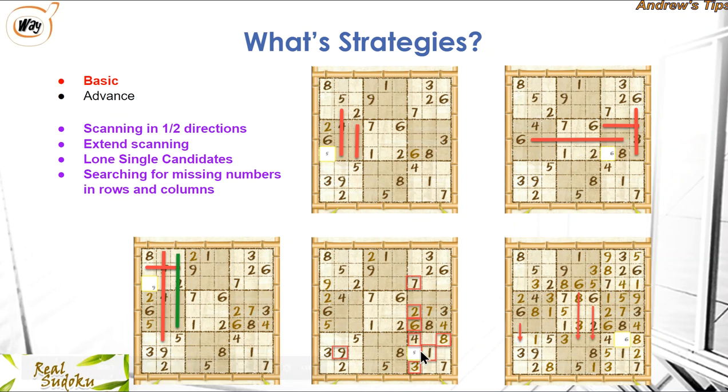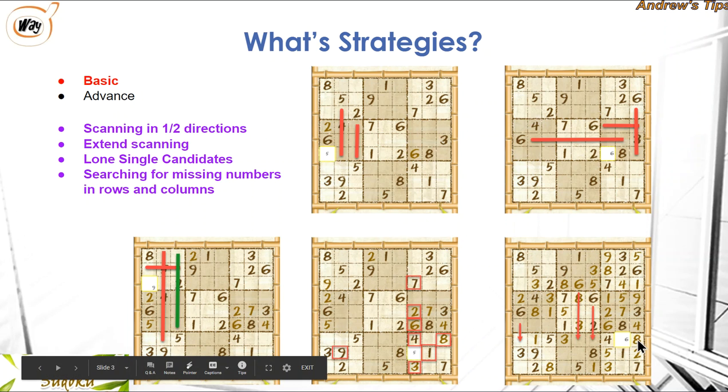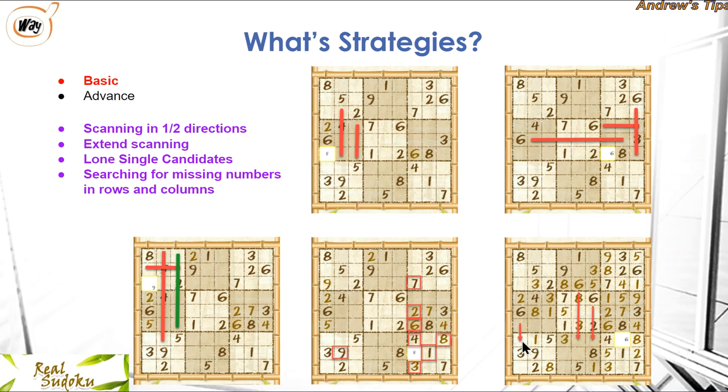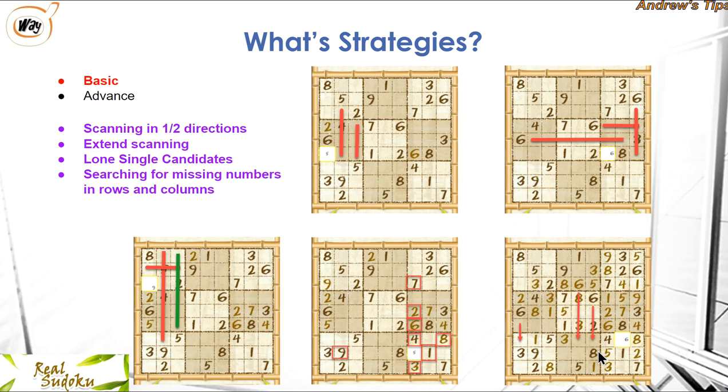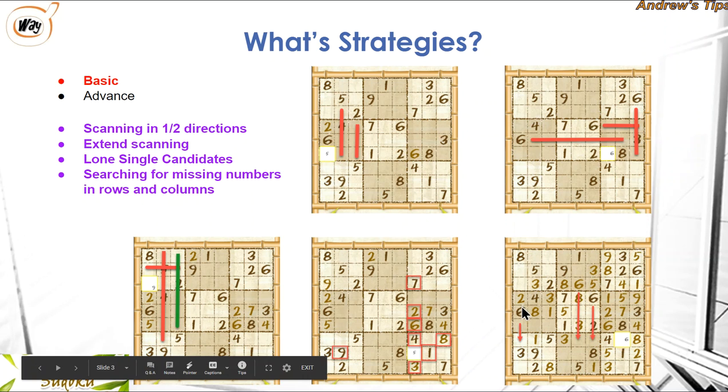Another way is for only one row. Just now, there are 4 empty cells left. But for the 6, this cell cannot use the 6. This cell cannot use the 6 as well.